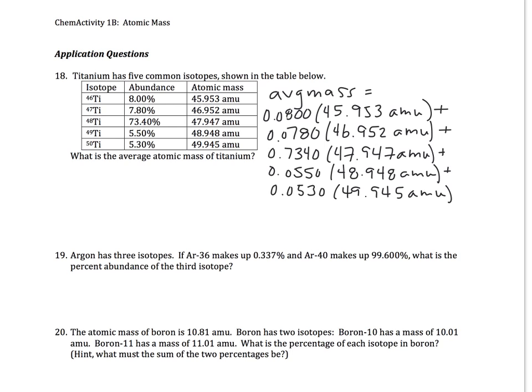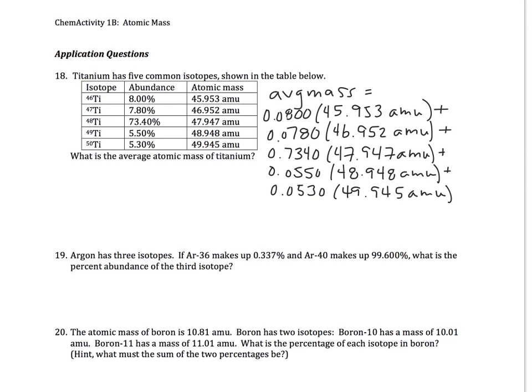Okay, so let's see what's here. What I took from titanium-46 is its abundance, 8%, and I translated that into a fraction and multiplied it by the mass of titanium-46, of that particular isotope. I did the same thing for titanium-47, which had a 7.8% abundance, for the mass of this isotope.